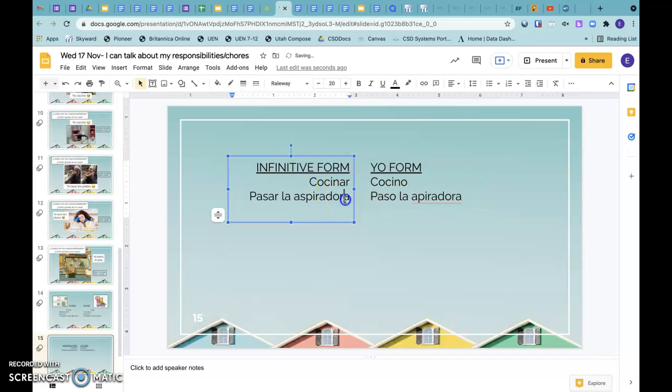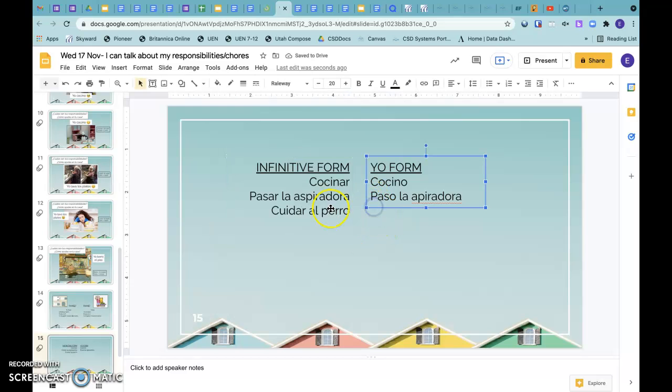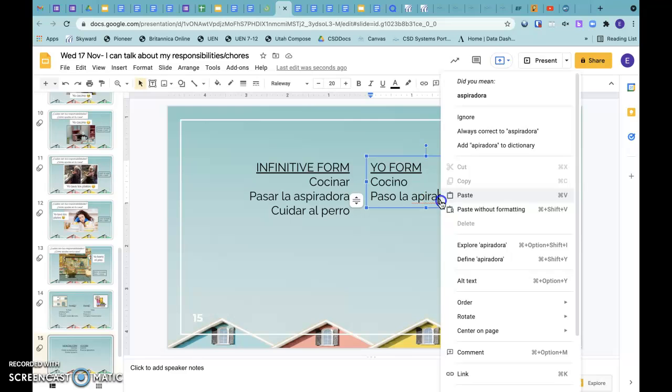Okay, let's do one more. Let's do to take care of. So cuidar, for instance, cuidar al perro. So this means to take care of. You want to say, let's see what's wrong with this guy.